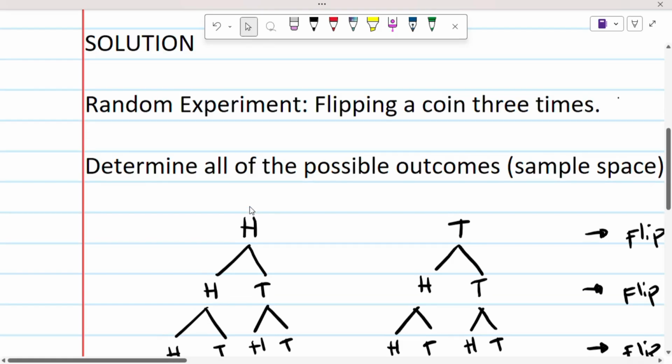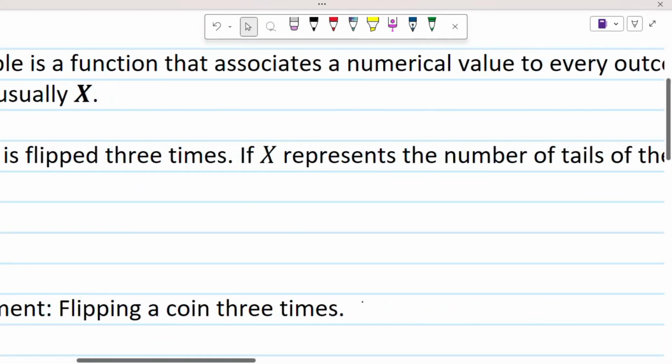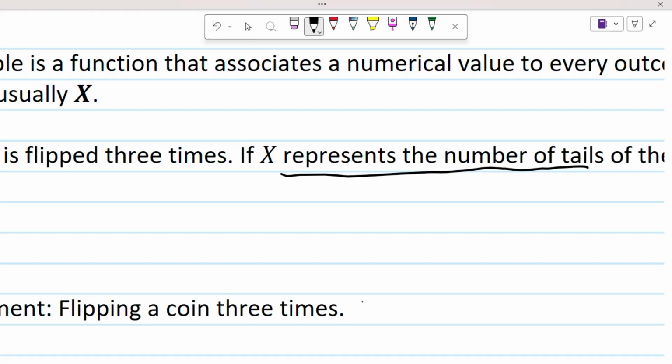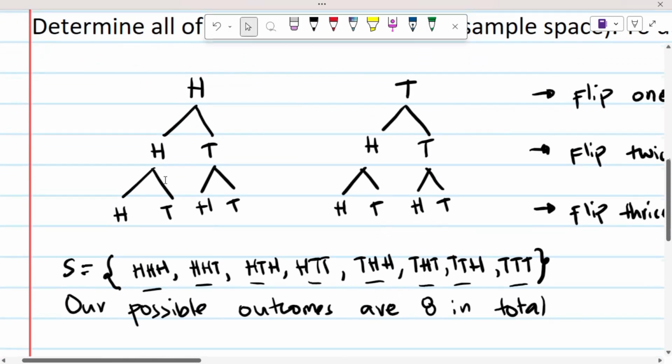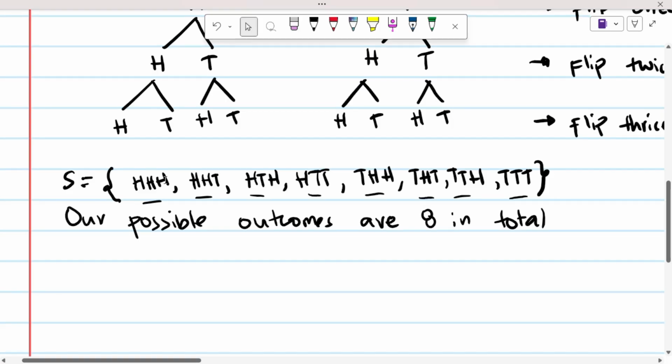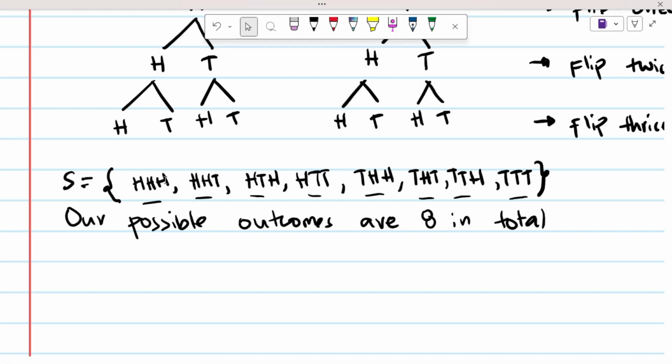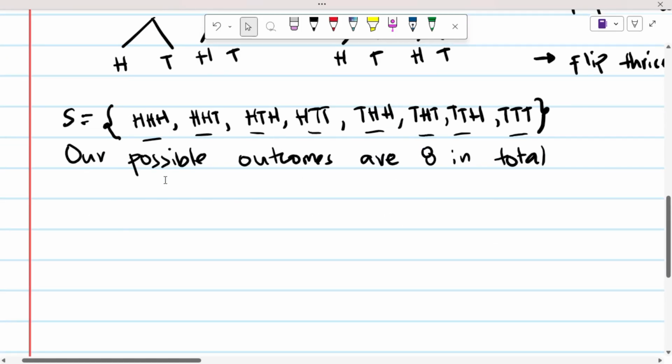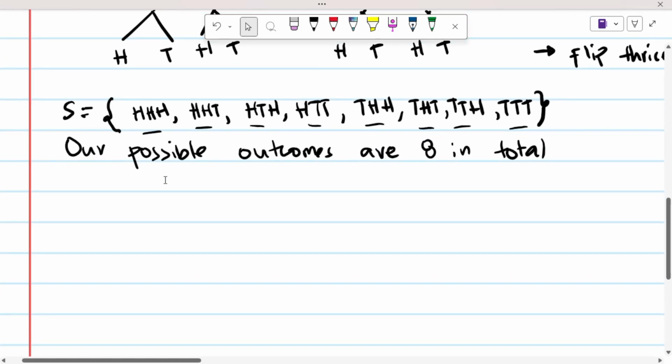Now remember that our random variable X here represents the number of tails. To assign a numerical value to our random variable X, we must identify all of the possible outcomes. And again, we have identified all of the possible outcomes. Here we have 8 in total. So, to make things easier, we will make a table. Here we list down all the possible outcomes.